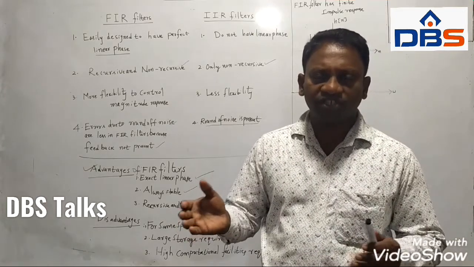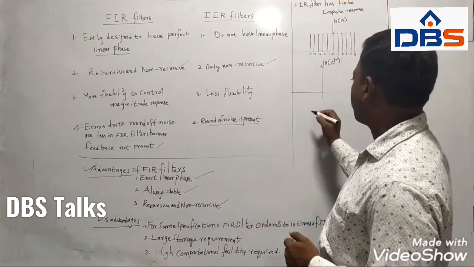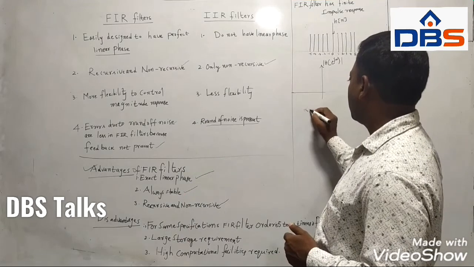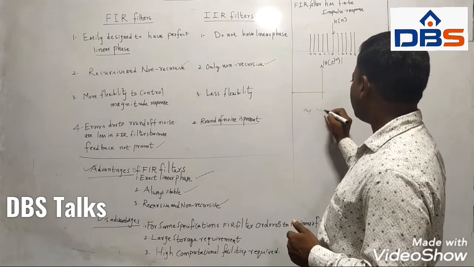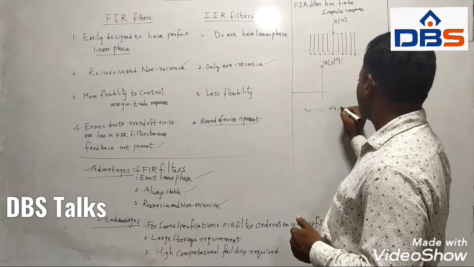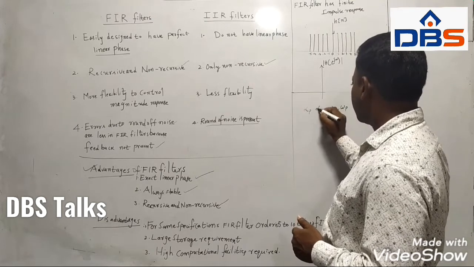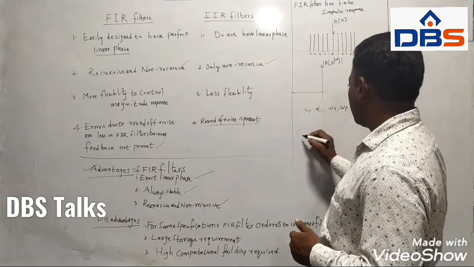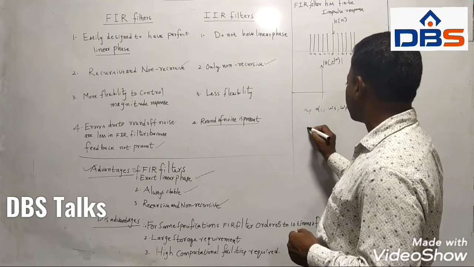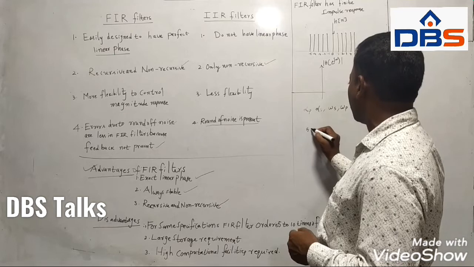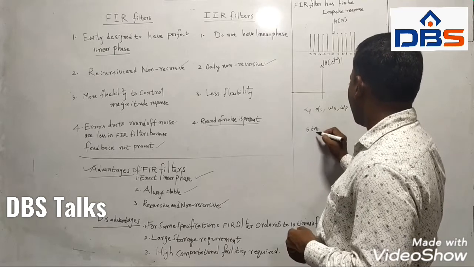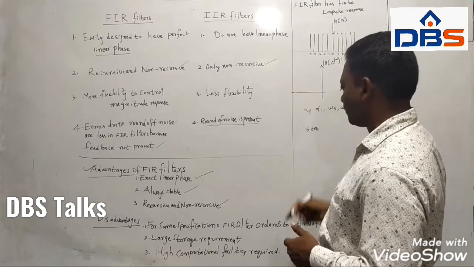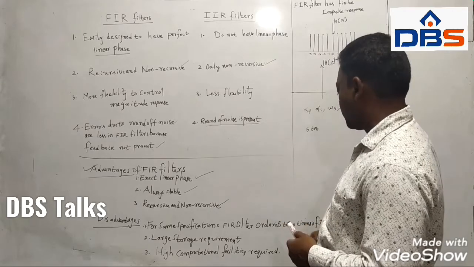The same specifications means pass band ripple, stop band ripple, pass band edge frequency, and stop band edge frequency. For the same filter specifications, FIR filters require 5 to 10 times higher order than IIR filters.